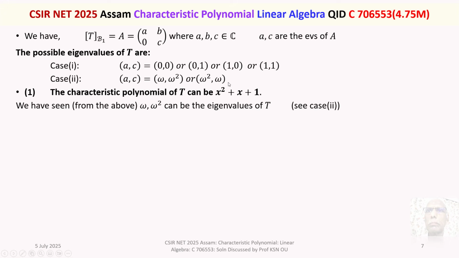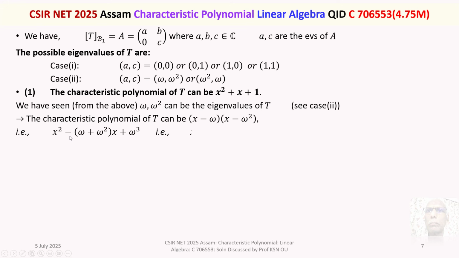See case 2. Then the characteristic polynomial of T can be (x minus omega) into (x minus omega square). Multiply, you will get x square minus (omega plus omega square) multiplied by x plus omega into omega square, which is omega cube. Now recall the properties of the cube roots of unity. 1 plus omega plus omega square is equal to 0.